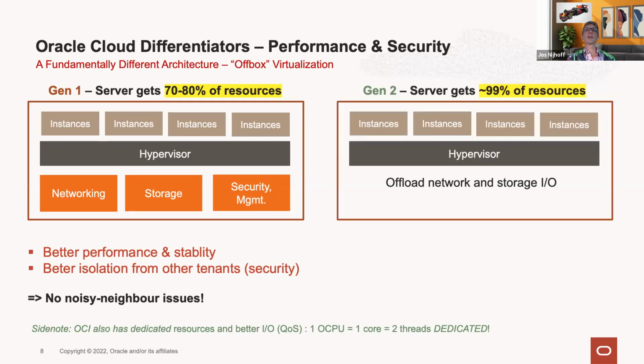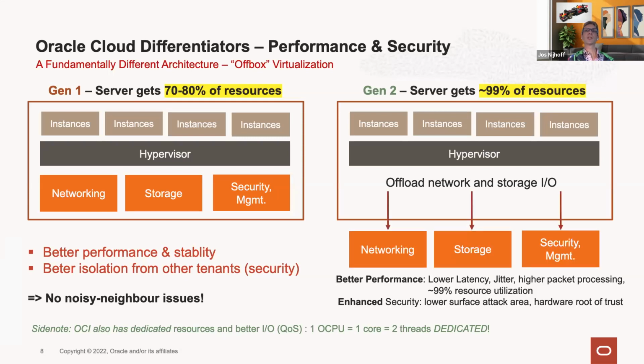So what does Oracle Cloud do differently? We're using a newer technology for network virtualization, and that is called Offbox Virtualization. What it does is the hypervisor on your compute servers doesn't have to do anything about the network. That is completely taken out of the equation and is performed by separate hardware, a separate layer.